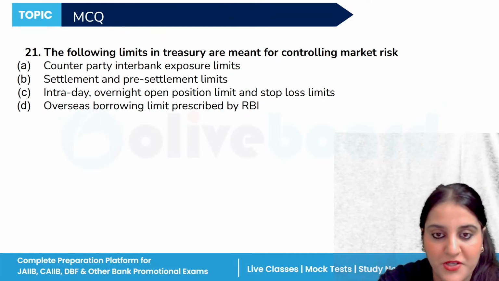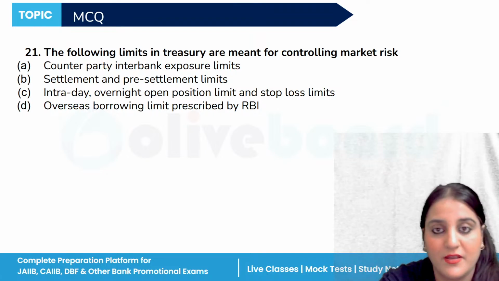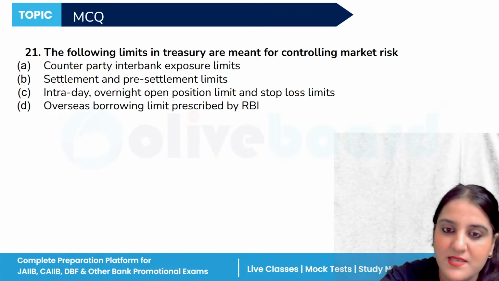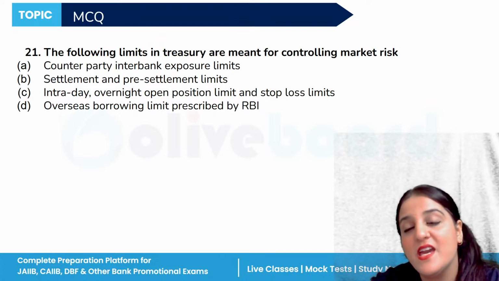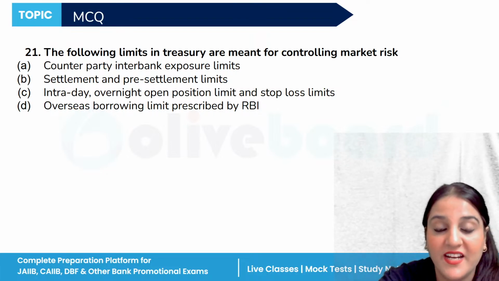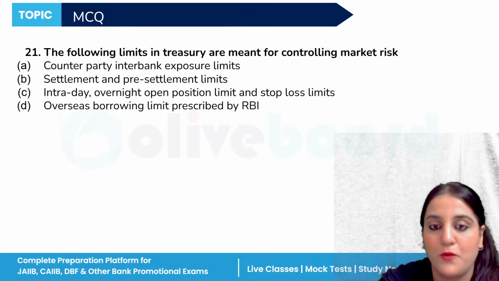In treasury operation, various limits are established to control the market risk, which arises from the fluctuations in the market prices, interest rate, foreign exchange rate. The correct answer is: intraday, overnight, open position limit, and stop loss limit.